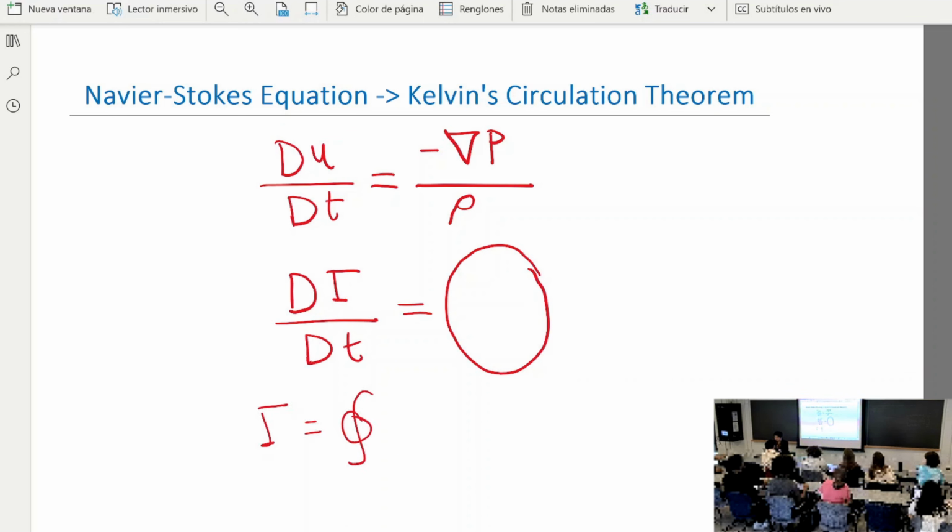So let's say a closed contour C, the integral of velocity dotted with dl. So essentially, if you follow that contour of fluid as it gets advected downstream, the circulation around that contour of fluid, that's not fixed in space but moves with the flow, does not change in time.